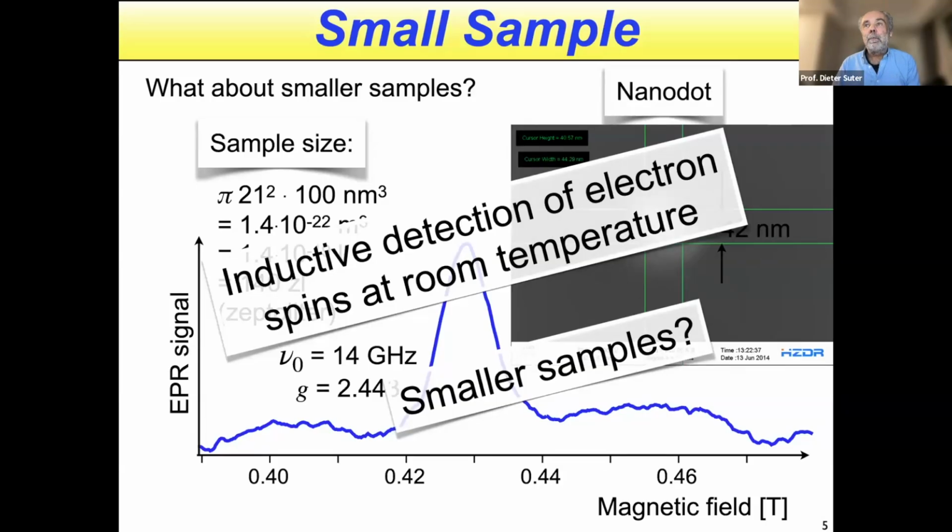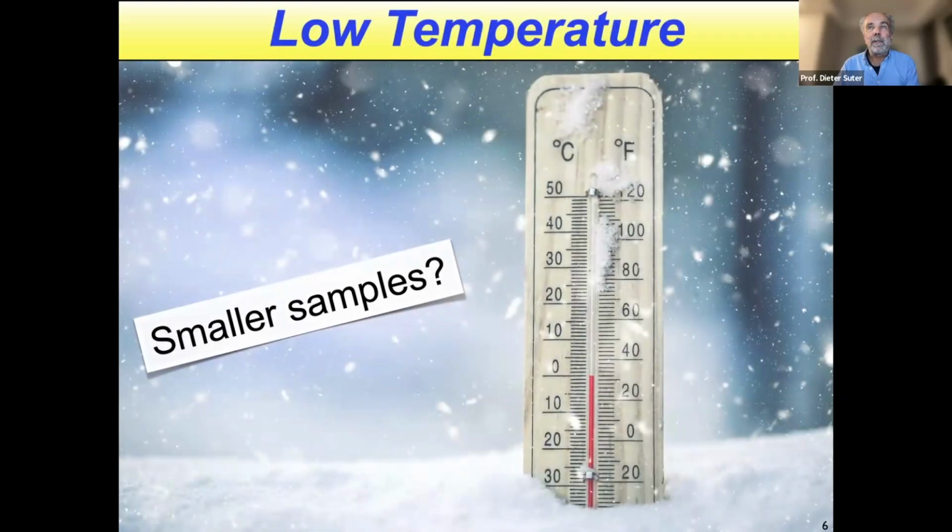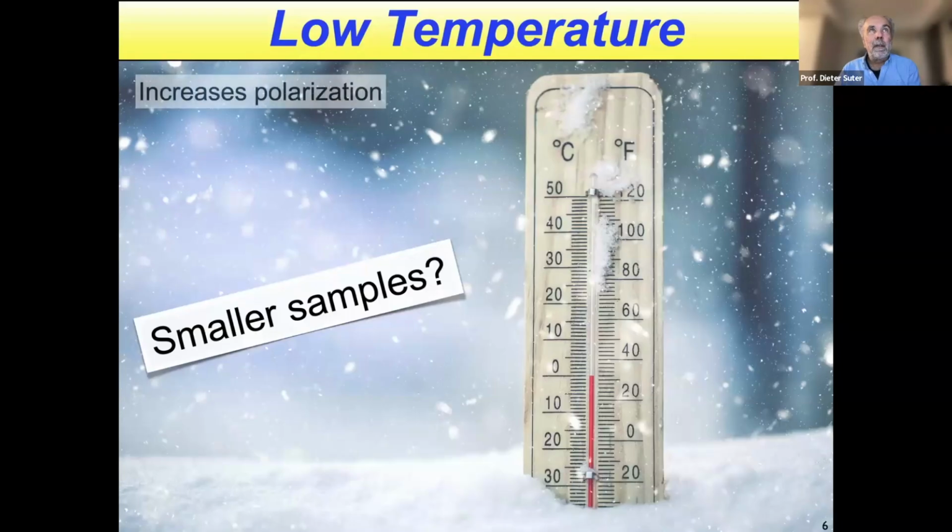Now, this was measured at room temperature, and one way to go to smaller samples and keep the sensitivity is, of course, to cool the system. If you go lower in temperature, you have two advantages. First of all, you increase the polarization, so the number of excess nuclear spins becomes larger, and at the same time, you reduce the noise.